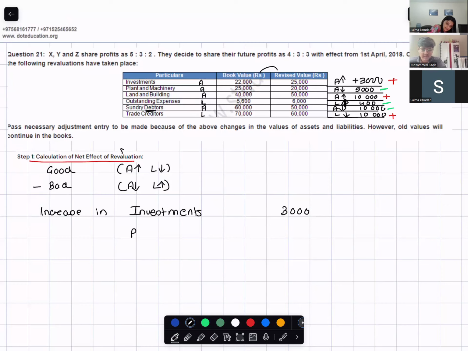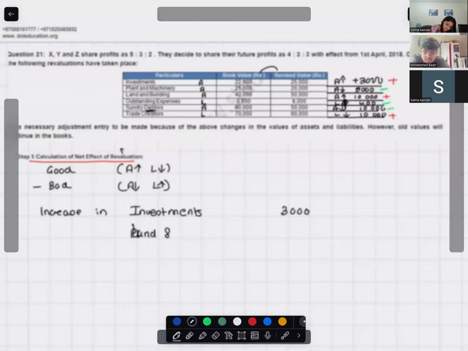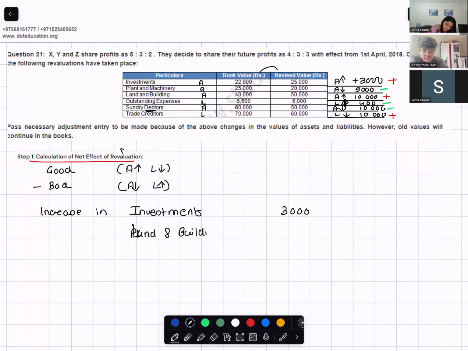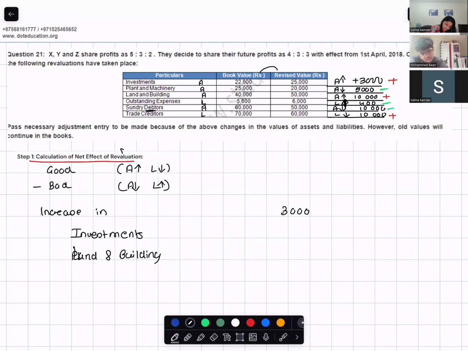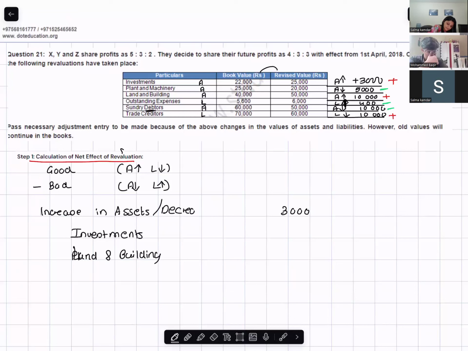Then you have land and building for 10,000. So it is increase in assets and decrease in liability.